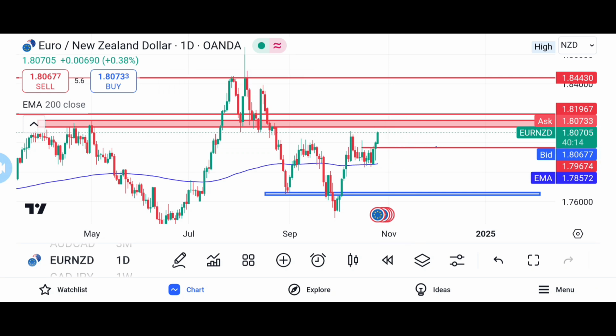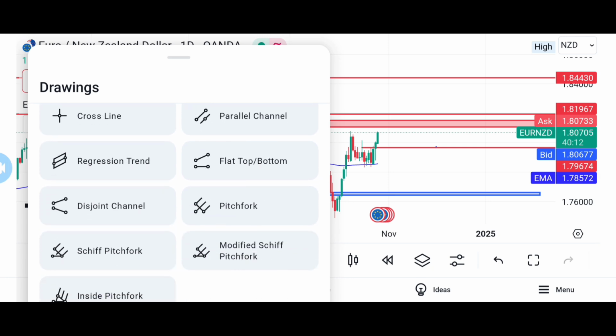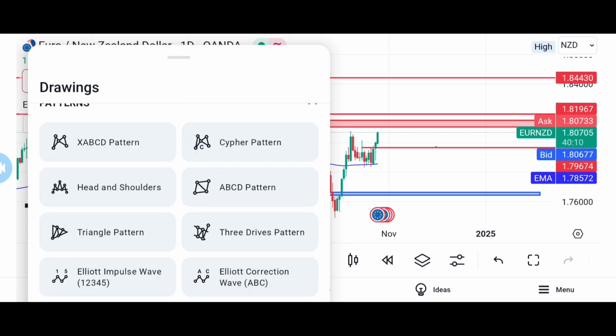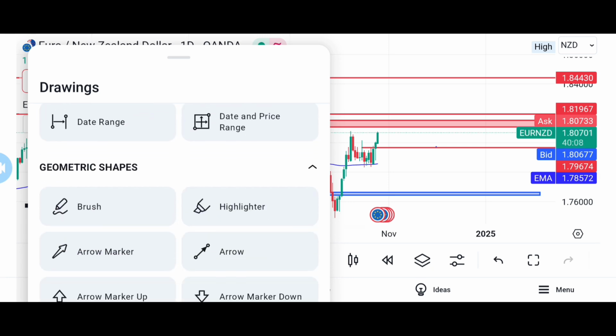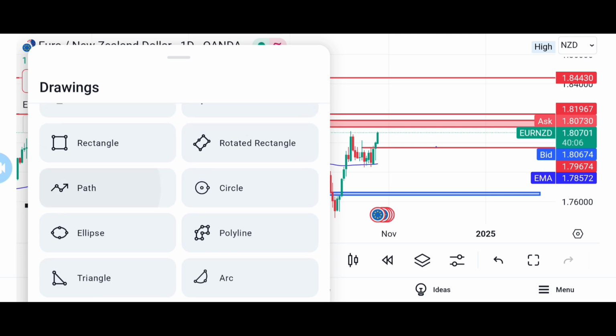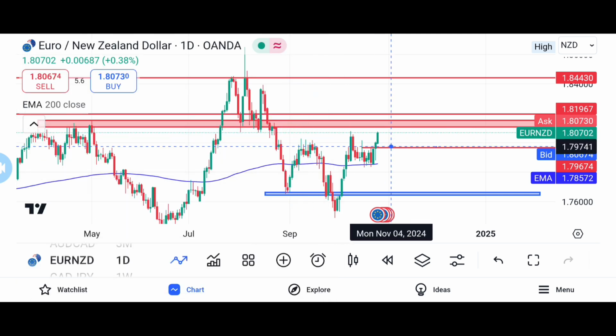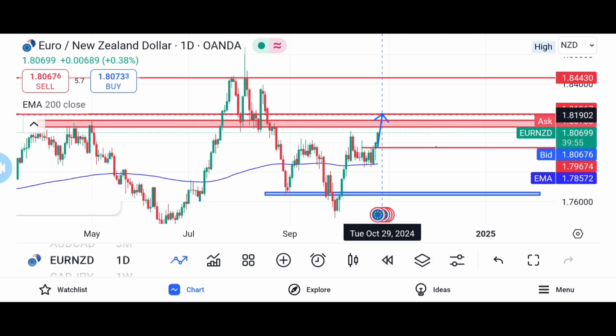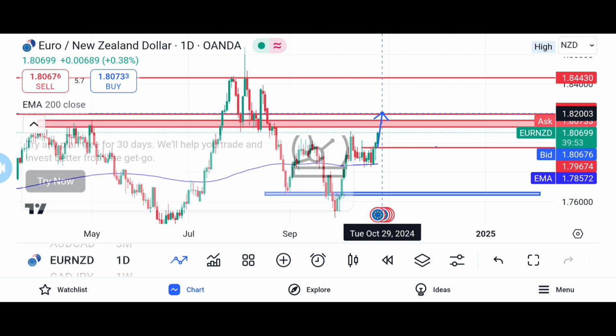Scenario number two, guys, that is if we have seen a double top. The market might decide to reach up to there and form another head and shoulder.